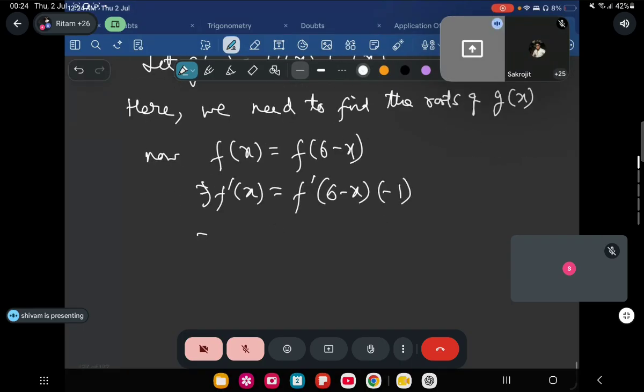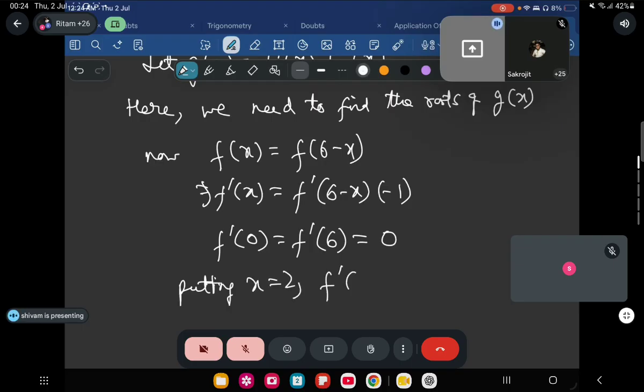Okay, let's start. Putting x equal to 0, f dash at 0 is equal to f dash at 6 into minus 1, so this is also equal to 0. So if f dash at 0 is equal to 0, f dash at 6 is equal to 0. Next, putting x equal to 2, we'll get f dash at 2 is equal to f dash at 4, which is also equal to 0.